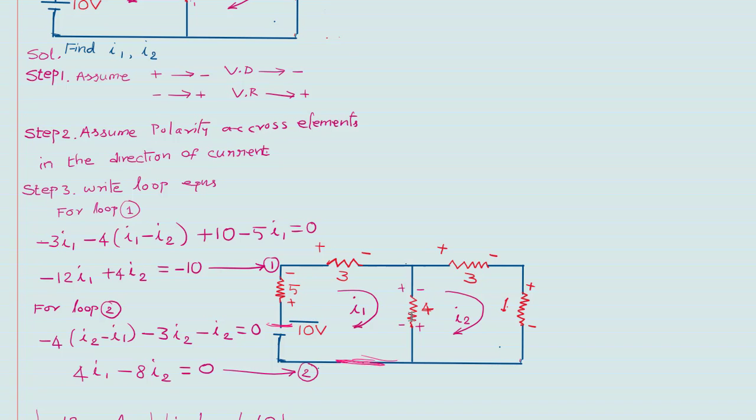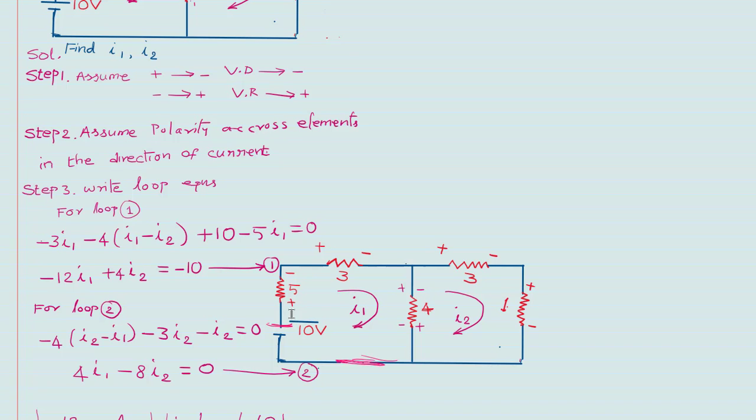Next, this element is over. Next we come here. This is another element, a voltage source. It has a fixed polarity. First negative, next positive in the assumed current direction, which means a voltage rise. It will get the positive sign. So we get plus 10, like this.